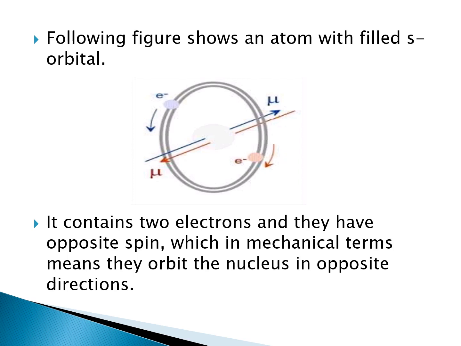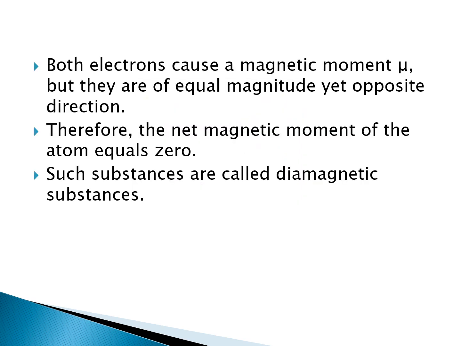In mechanical terms, they orbit the nucleus in opposite directions, which means both electrons cause a magnetic moment, but they have equal magnitude in opposite directions, due to which the net magnetic moment of the atom equals 0. These substances are called diamagnetic.